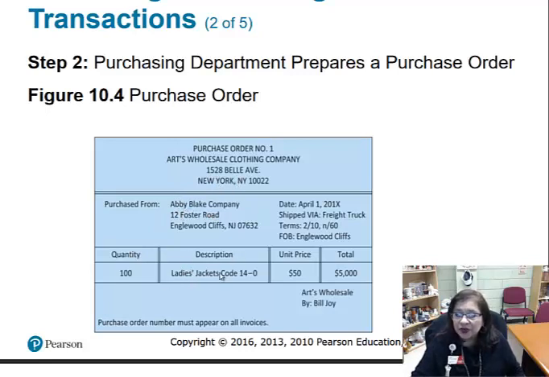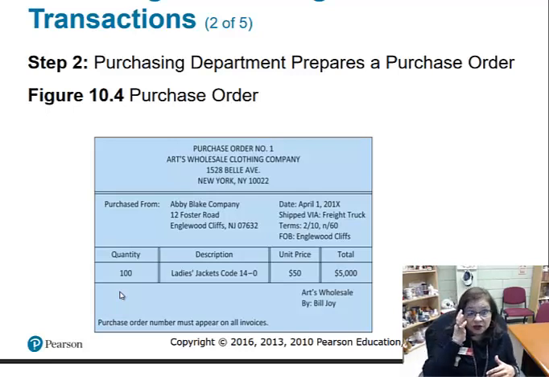We purchased 100 lady jackets at $50 apiece for $5,000. So Art's Wholesale by Bill Joy. Bill Joy is the one making this purchase order and making sure that everything is okay. Purchase order number 13,000, whatever the case may be, there's always an order to them.